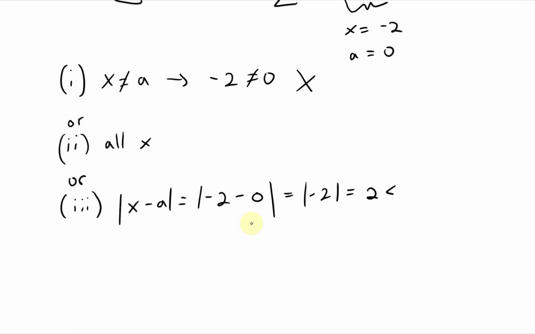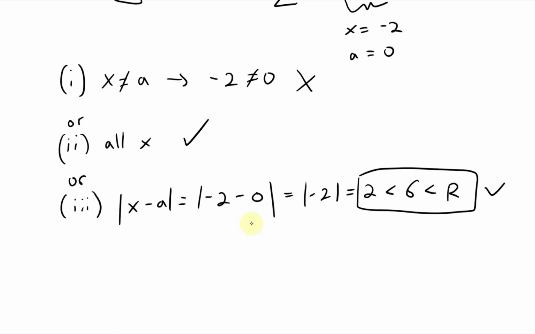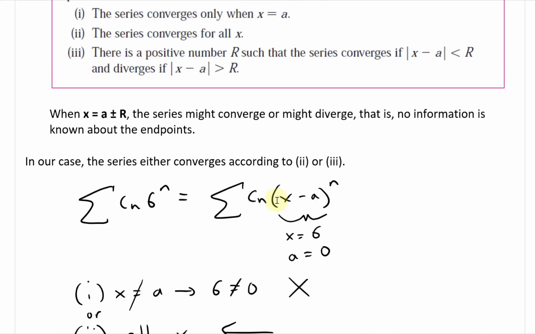And 2 is less than 6, where 6 is less than r. So if we have this scenario, this is true. So this one or this one would be true, so the statement is true.